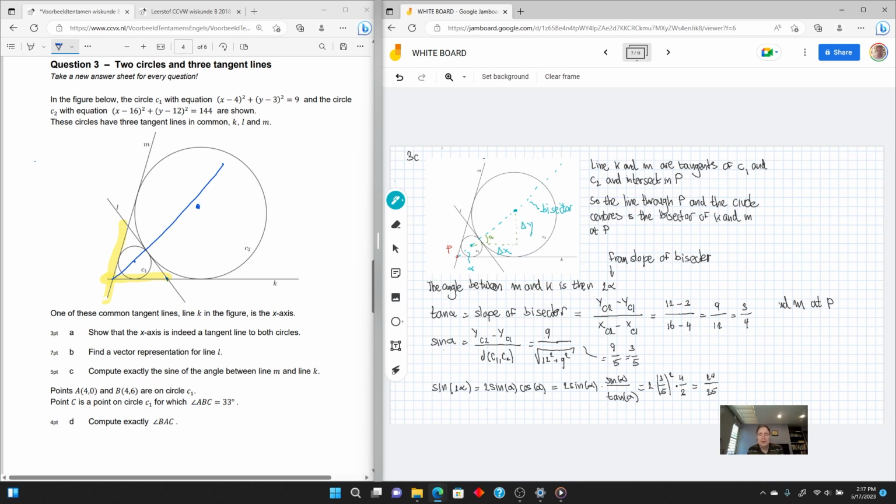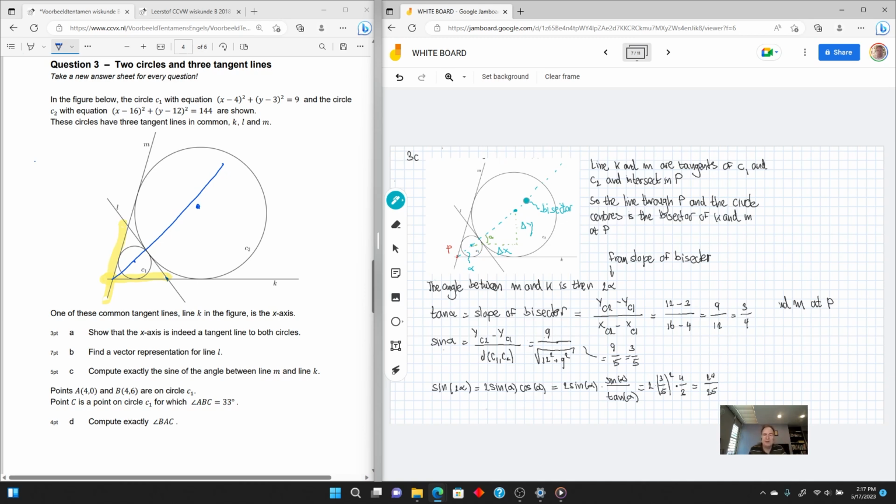But they are asking for the sine of 2 alpha. So that's another step here. The sine of 2 alpha is not something we directly know. We just realize that from alpha we can know the tangent, the sine and the cosine.